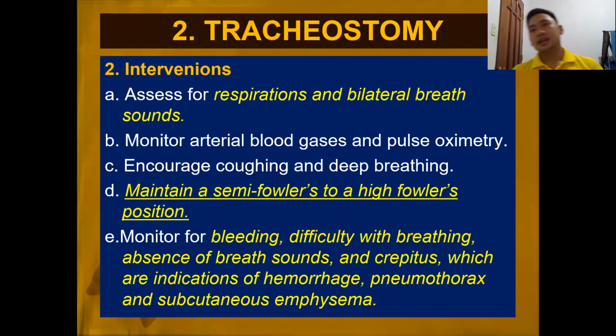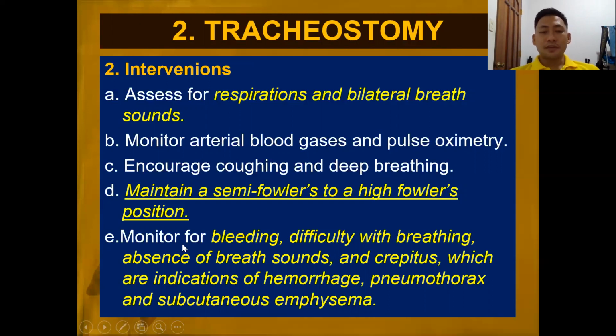So, of course, with an endotracheal and tracheostomy tube, the trachea is sealed, so the patient cannot speak because there's no air coming out from the respiratory tract to create a vibration, especially in your vocal cords. But tracheostomy tubes have types. Depending on the type, the patient can speak. I will present it later during the types of tracheostomy tube.